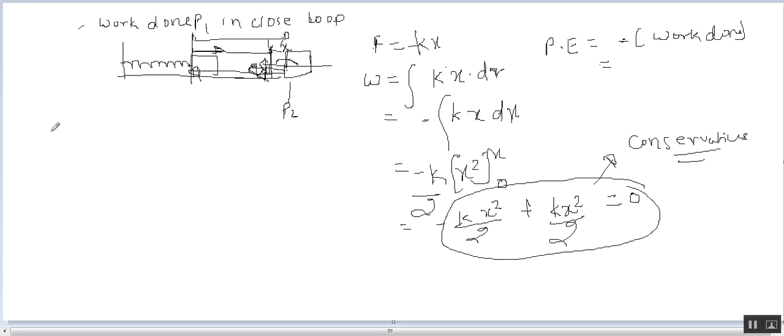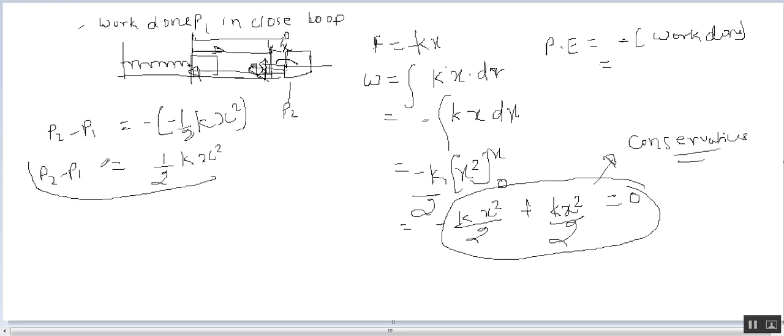So the change in potential energy, P2 minus P1, is equal to minus of the work done, minus of minus half kx square, which becomes 1 by 2 kx square.